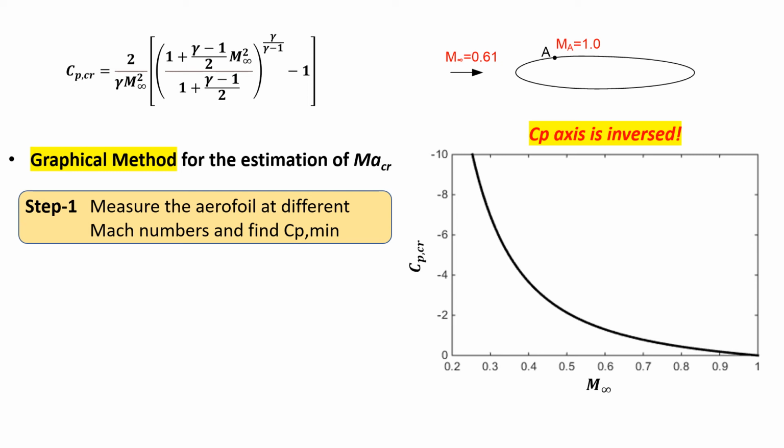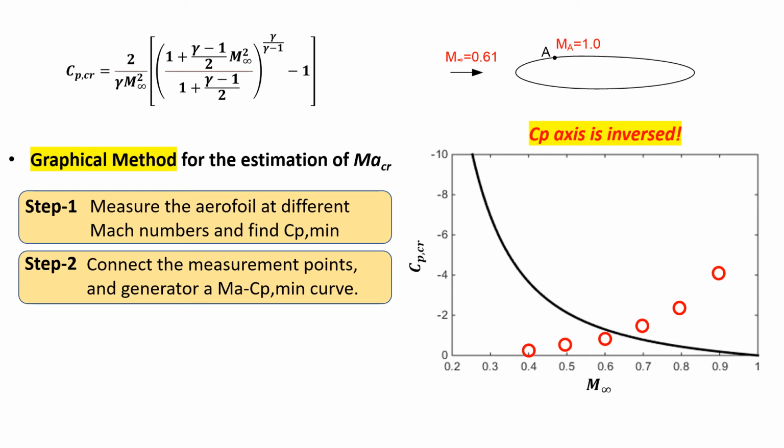For example, we start measuring at 0.4, and then find the minimum pressure over, for example, the upper surface. Why minimum pressure? Because if the pressure at that point is minimum, it has the highest Mach number. Assume we've done several measurements and got the minimum pressure coefficient at each flow condition. Now we have 1, 2, 3, 4, 5, 6 points. That's our measurement.